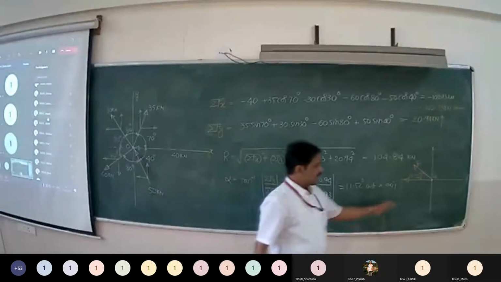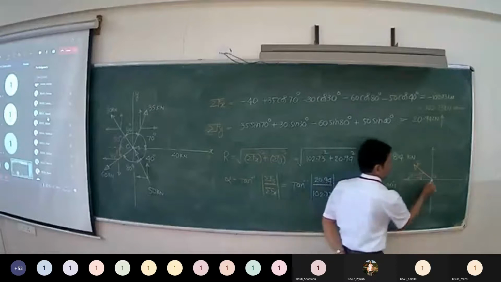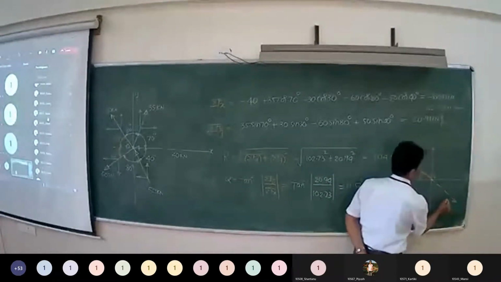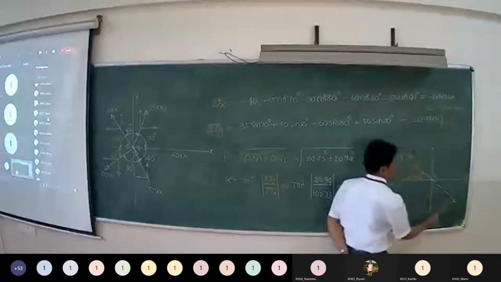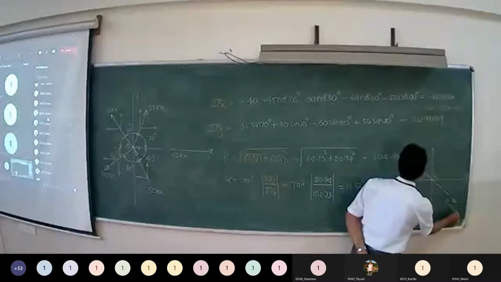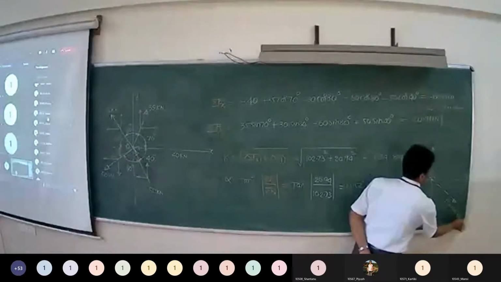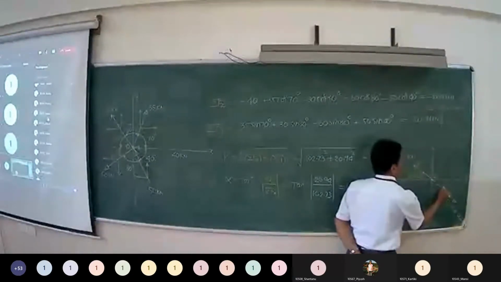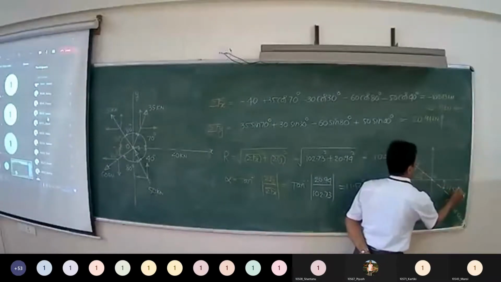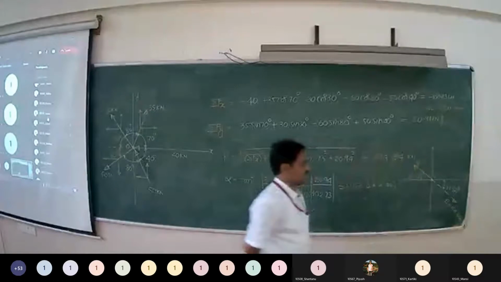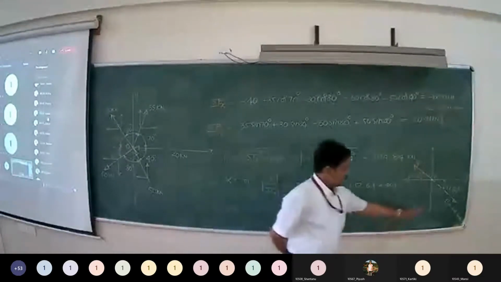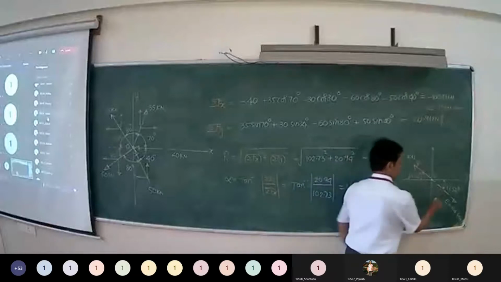So what is the equilibrant of this system? The equilibrant will act in the fourth quadrant, of magnitude 104.84 kN, acting at an angle of 11.52 degrees with respect to the x-axis. So this is our answer.